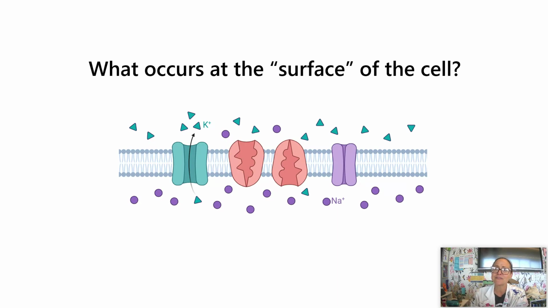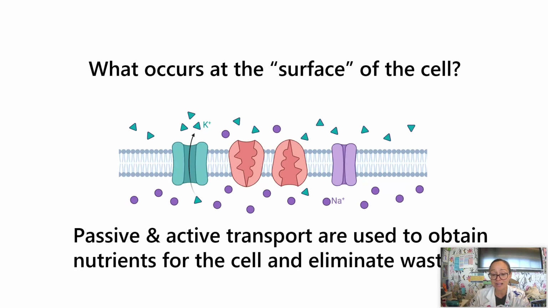So there's a lot of exchange of matter with the environment, and molecules inside the cell can leave a cell or enter a cell, and that's all occurring at its surface. So the surface area compared to the volume of a cell does matter depending on what its function is. Passive and active transport occur at the surface of cells.